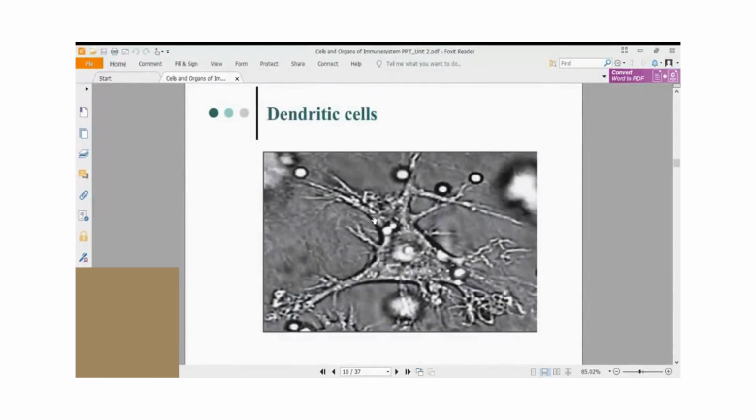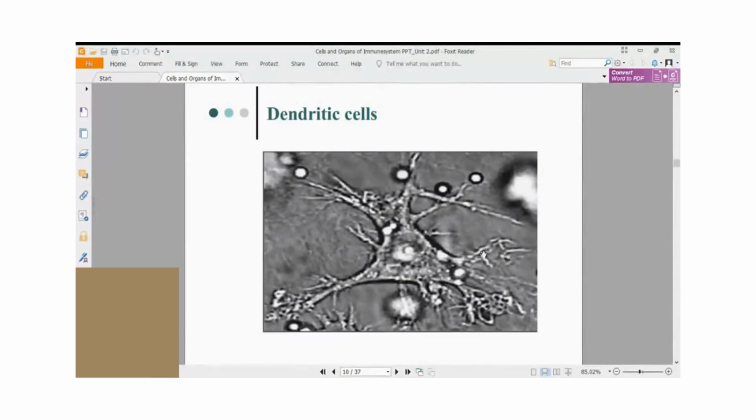But the dendritic cells have similar properties to the macrophages. Their shape and size is different. They have a large number of projections, which are nothing but filamentous pseudopodia, just like flagella. They are not as broad as the pseudopodia in the case of macrophages.